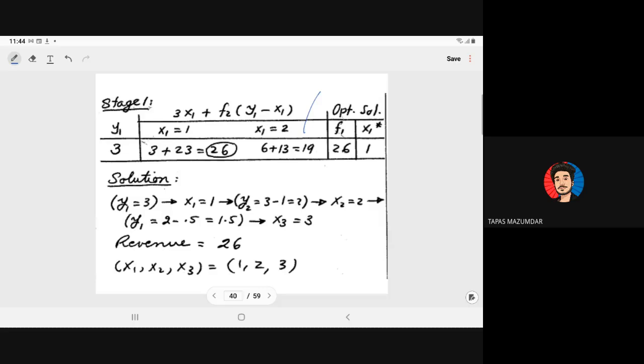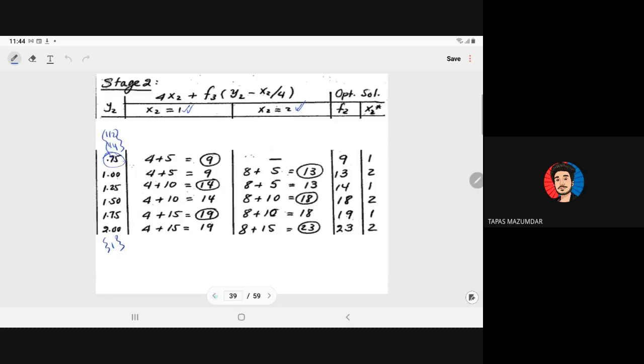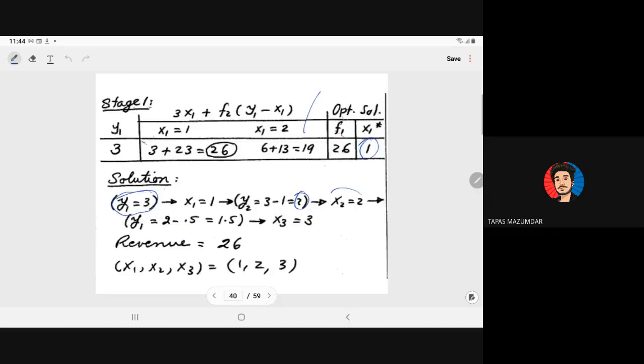So after writing this, initially we have y3 equal to y1 equal to 3. So y1 is equal to 3. You have to take the one food, so y2 will be 2. So when y2 is equal to 2, it means you have to take away 2 first aid kits, right? So when we have the 2 first aid kits, y1 will be 1.5.